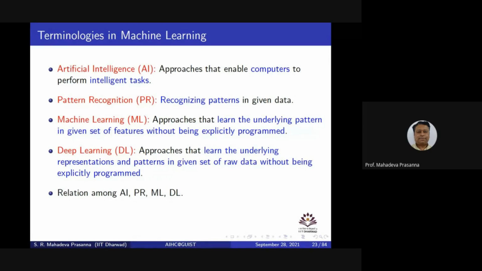Of course, learning means automatically discovering the pattern information from the given set of features.